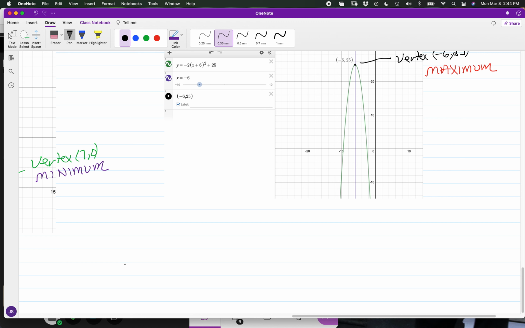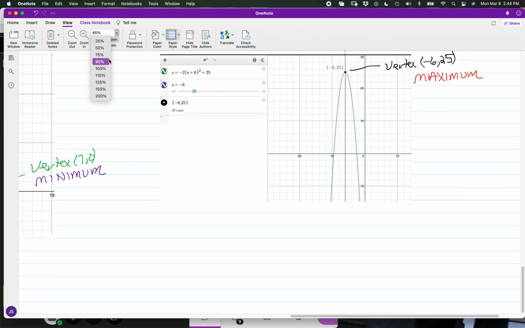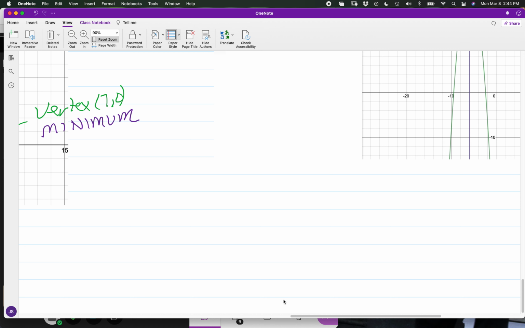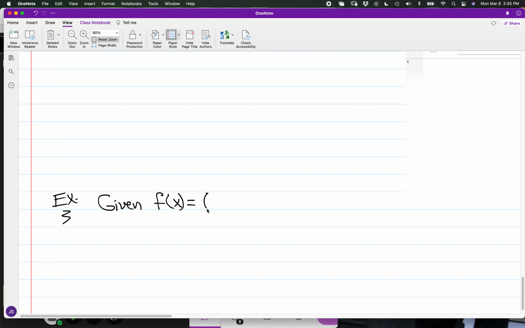And let's say, just expanding the model, that we have a quadratic function, f of x is equal to, say, the square of x plus 4 minus 4. And we were to determine the following.